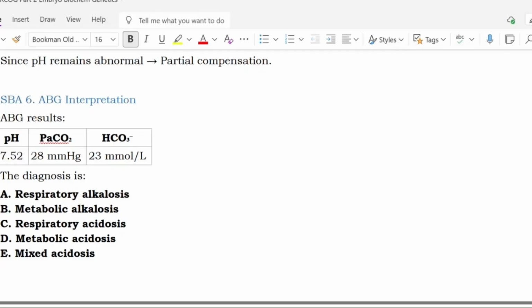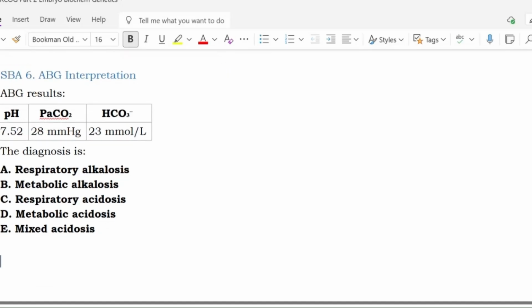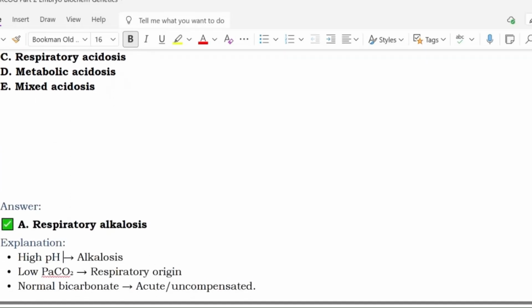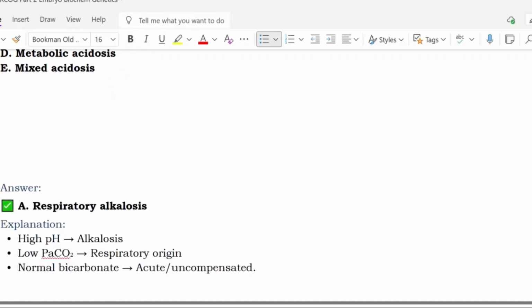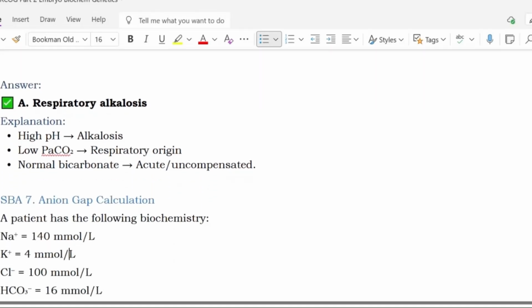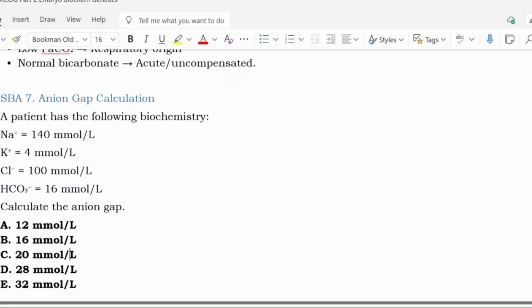So it is respiratory alkalosis, because pH is increased and PaCO2 is low. High pH is alkalosis and low PaCO2 means respiratory origin. ROME: respiratory opposite, metabolic equal. Bicarb is normal, so it is acute or uncompensated.